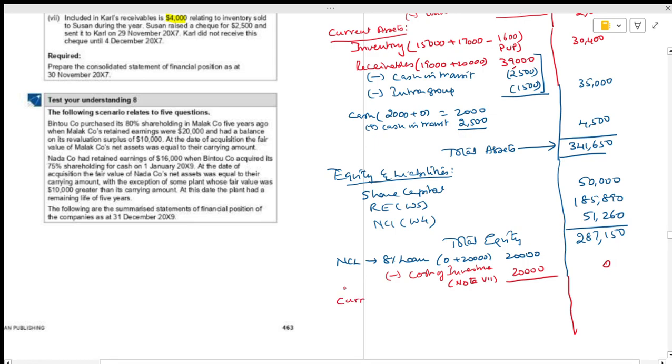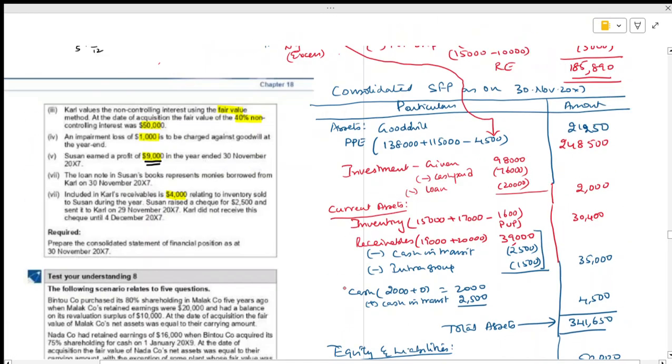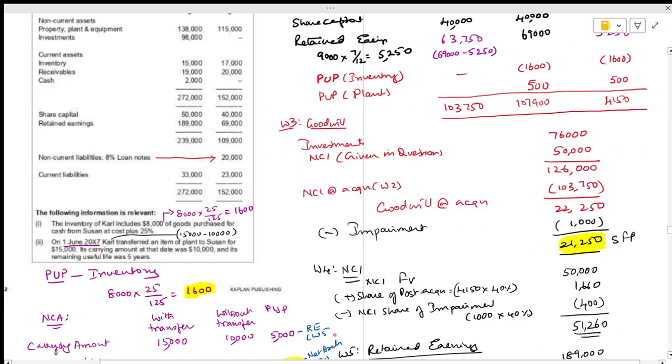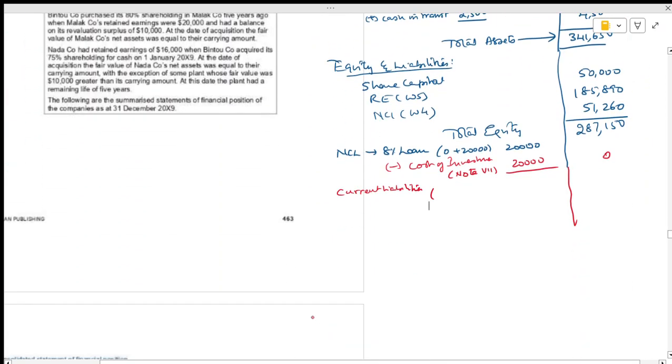Current liabilities. How much is there? Current liabilities 33 plus 23. How much? 56. You have intragroup, is it right? We have deducted from receivables also.